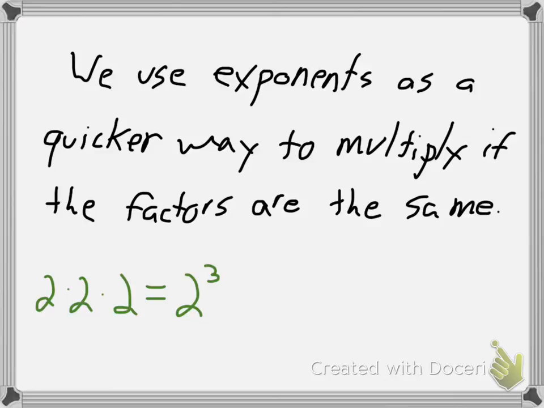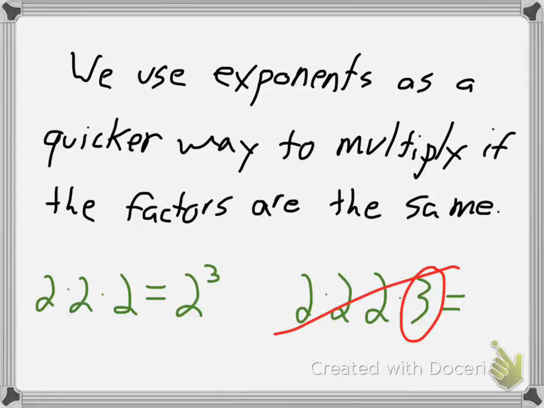If I had something like 2 times 2 times 2 times 3, I can't write any of this as exponents because not everything is the same factor. I can see that I have a 3 here that's different, so that expression cannot be written with exponents. They have to have the same factor. And the amount of factors that we have are going to tell us what our exponent should be.